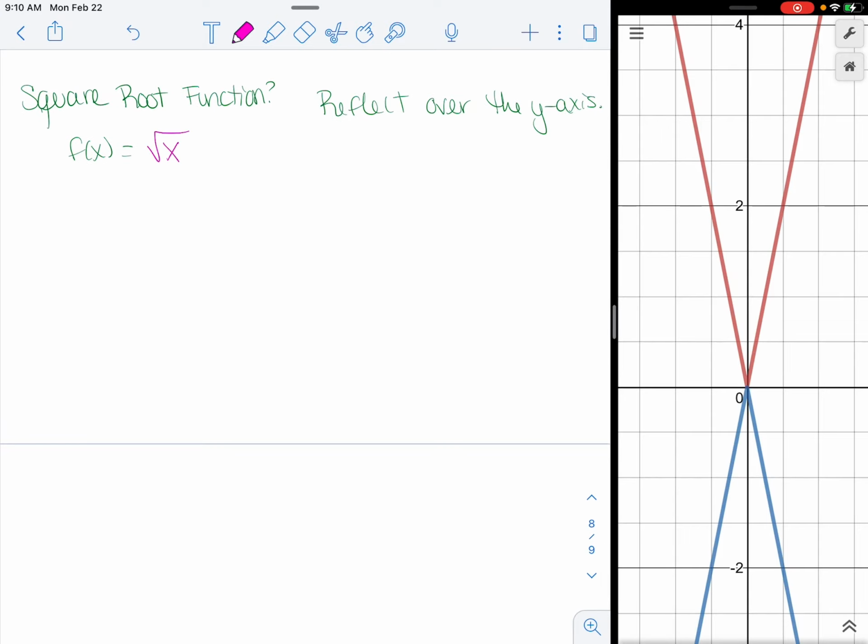And then lastly, the square root function, f of x equals the square root of x. If we want to reflect this over the y-axis, then we want that negative to be inside of the function. So f of x is equal to the square root of negative x. So when I say inside the function, I mean inside of the symbol.